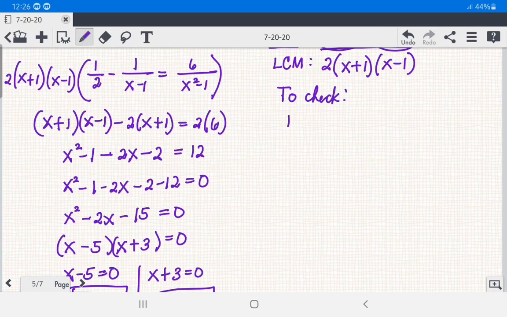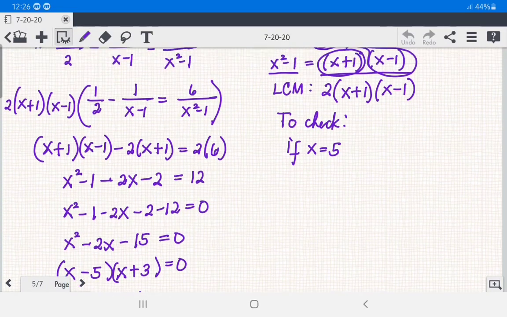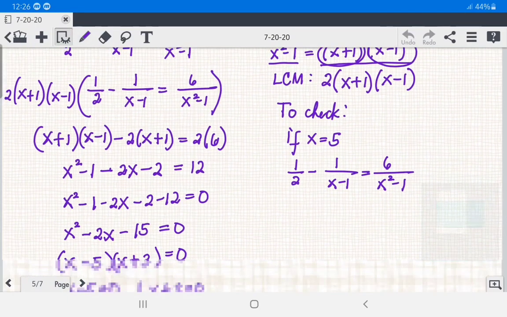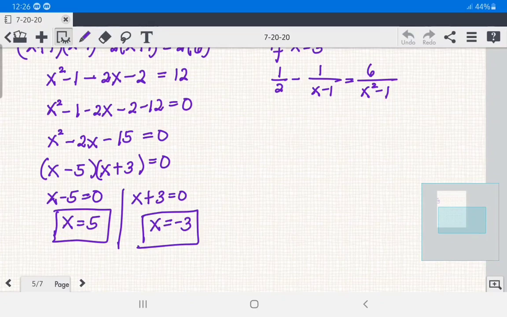To check if x is equal to 5 using the original equation, let's see the original equation. We have 1/2 minus 1 over x minus 1 equals to 6 over x squared minus 1.